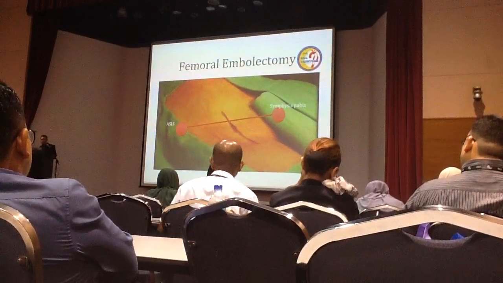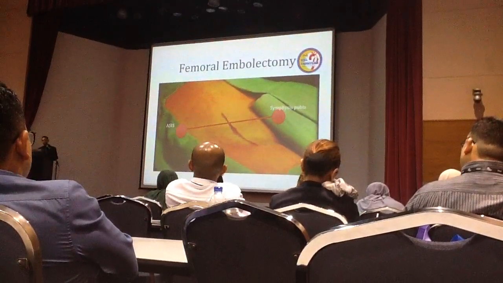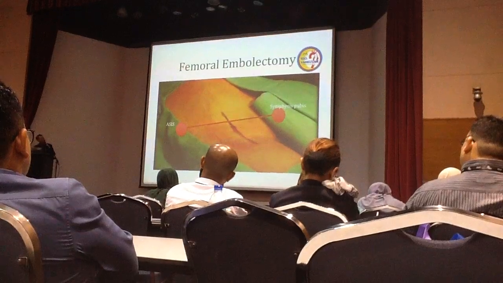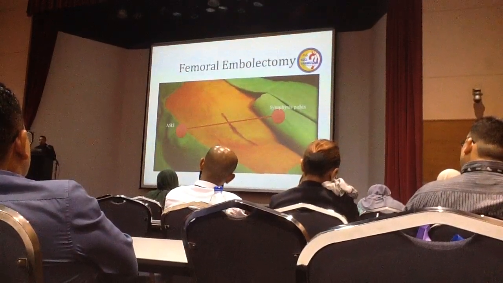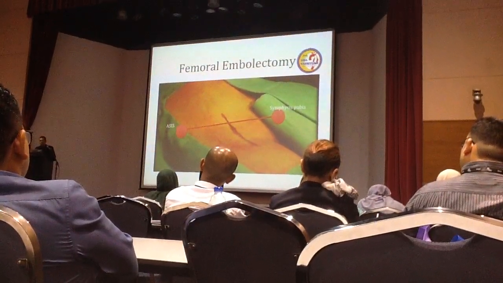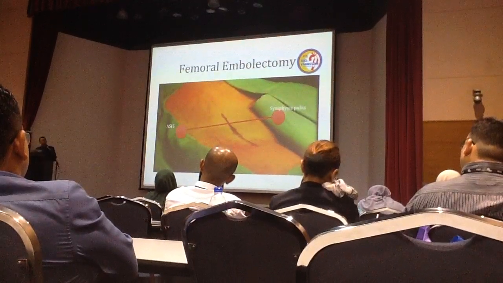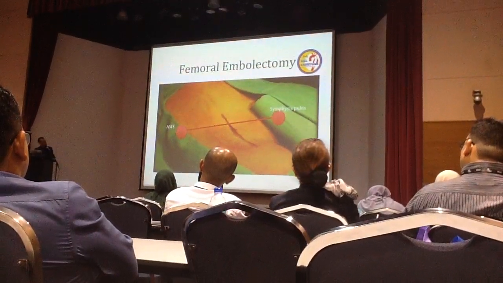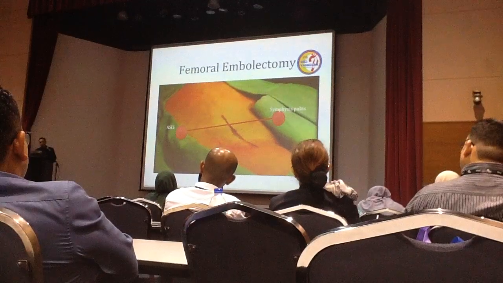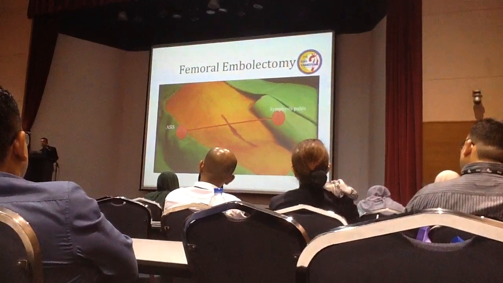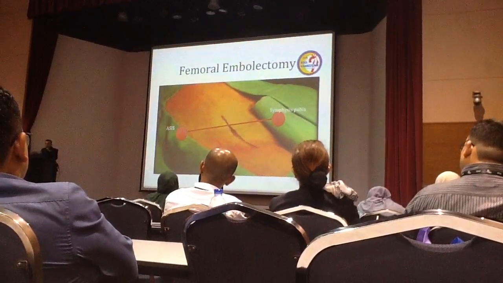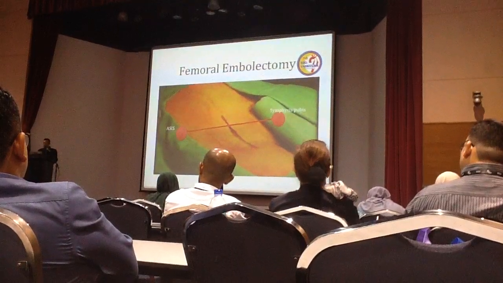Right? So is it true, everyone? Is the surface marking of the femoral artery really between the ASIS and symphysis pubis? Have you done some research on it? New papers? No? Okay.